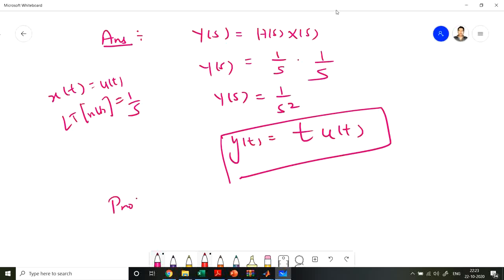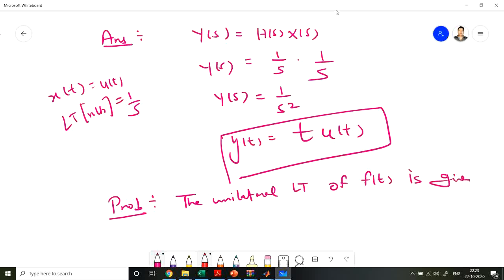So let us see the next problem, the unilateral Laplace transform. The unilateral Laplace transform of f(t) is given as 1 divided by s square plus s plus 1.